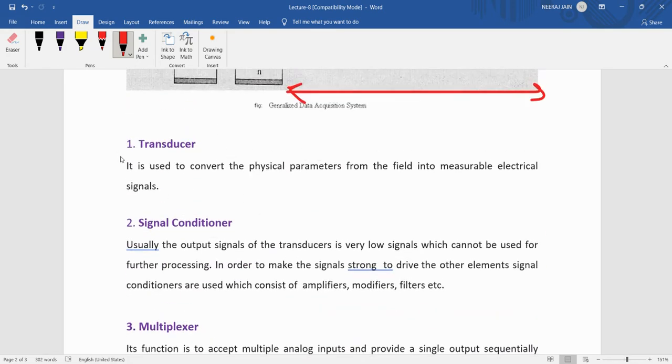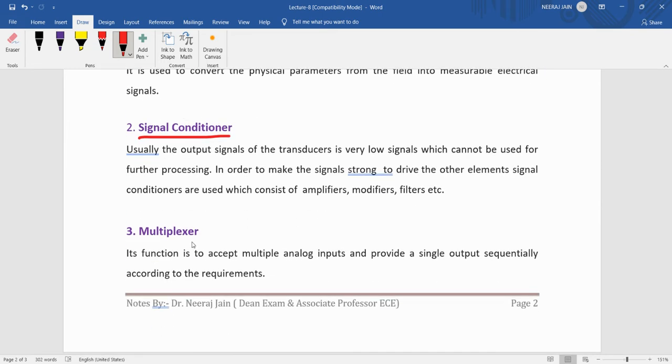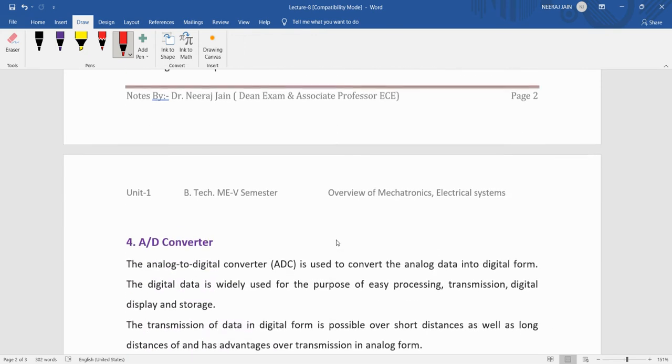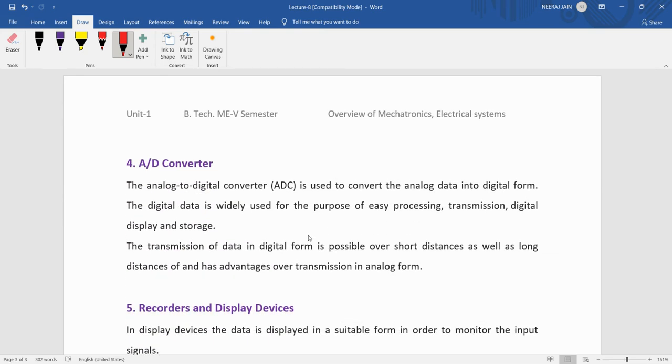Here we will see one by one. First, the transducer converts the physical parameter into a measurable signal. The signal conditioner brings the signal into a suitable form so that it can be further transmitted. The multiplexer is used for selecting many signals into one signal, or transmitting from one line, so that the cost of the system can be reduced.